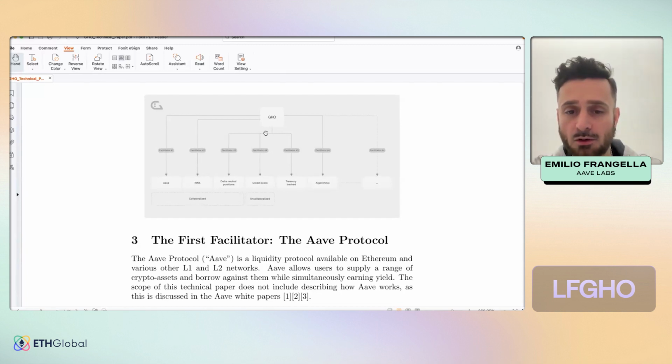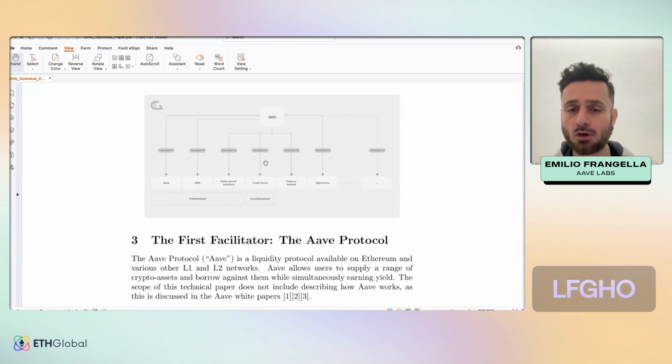The idea behind Go is actually not to strictly correlate the stablecoin to one way of generating it, which could be, for example, over-collateralized borrowing, but to make that as flexible as it can be, by giving the token itself and the governance the capability to allocate the creation of such stablecoin to different entities.